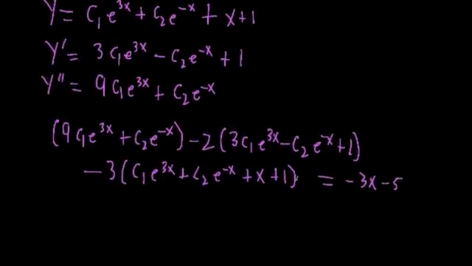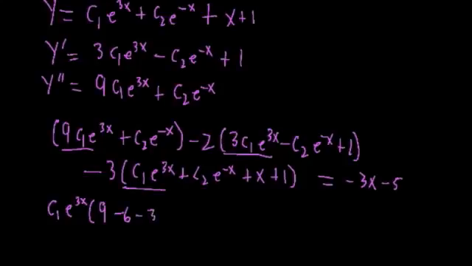So let's start grouping terms and see if we can simplify this. I'm just going to group all the c1 e to the 3x terms together. So we have 9 minus 2 times 3, which is minus 6, and then minus 3.